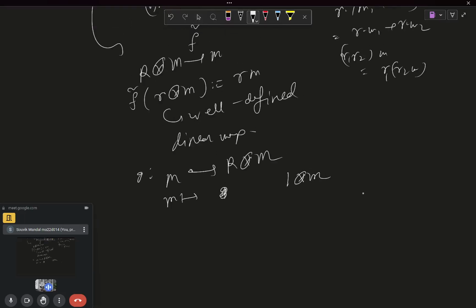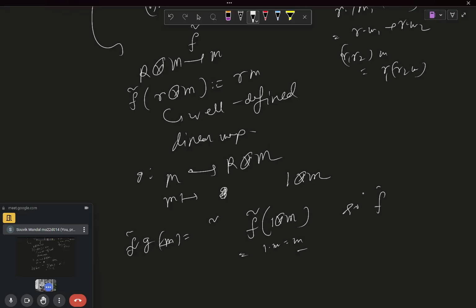Now observe that f tilde of g of m is f tilde of 1 tensor m. By definition, this is 1 dot m, which is equal to m. So this is the identity, m goes to m.